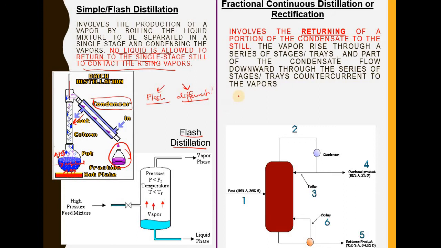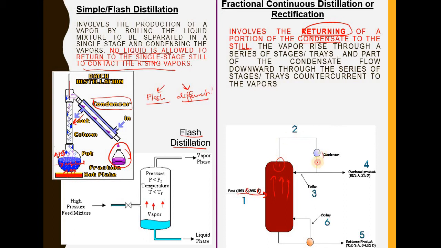Whereas for continuous distillation, it involves the returning of a portion of the condensate to the still. As I mentioned before in the previous topic, if we have a feed containing component A and component B, both components will be heated up. The component with the lower boiling point will be vaporized first and exit the top of the column.